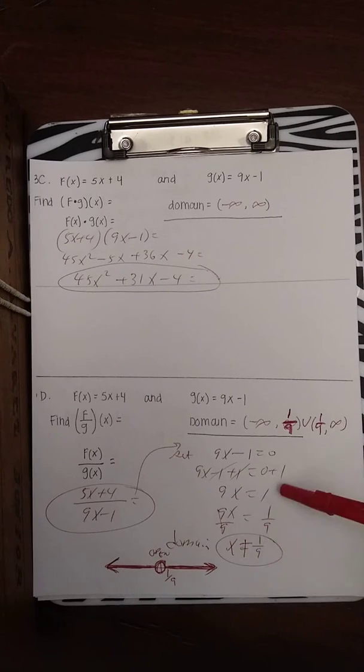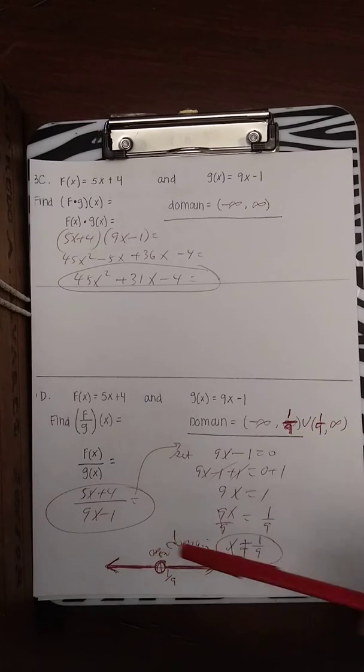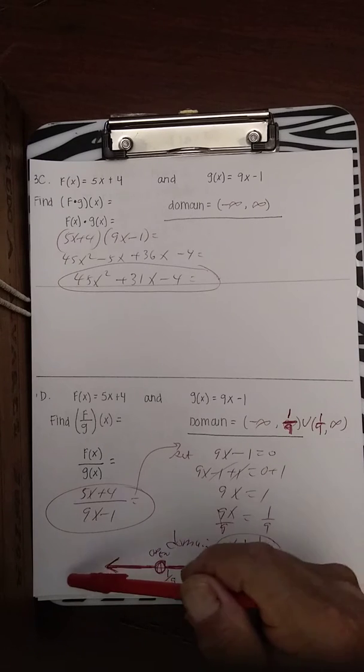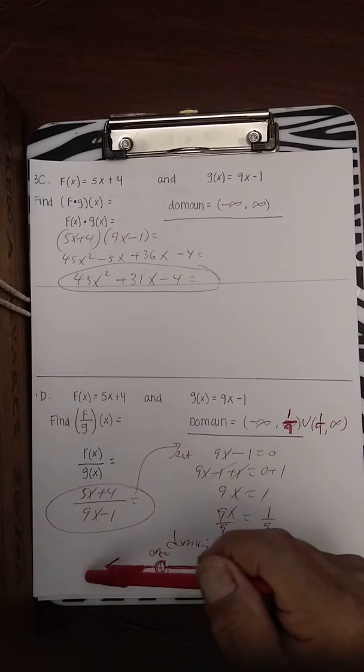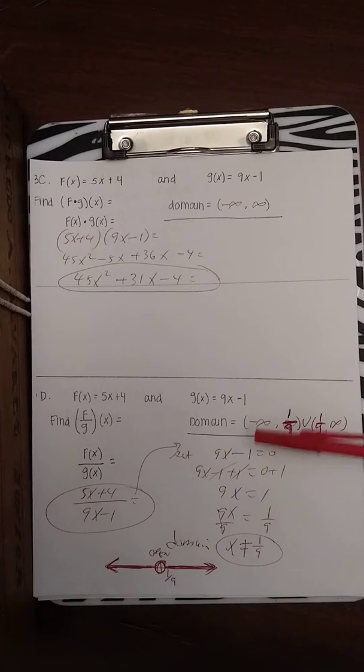Divide by 9, divide by 9. So x equals 1 over 9. Don't use that one because it will make it undefined. So negative infinity to 1/9 union 1/9 to positive infinity is the domain for this one.